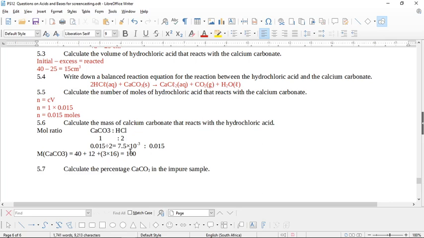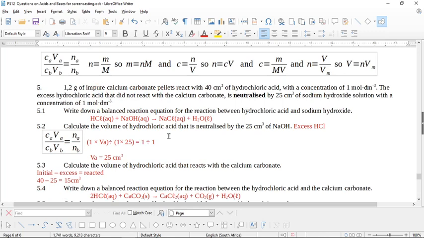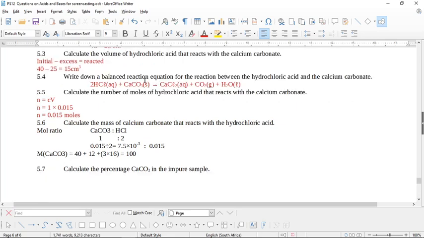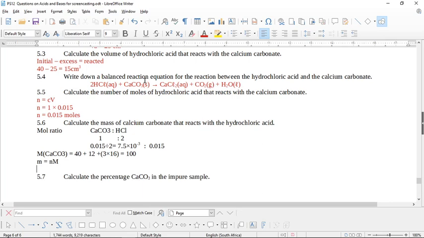So now we know the number of moles, we know the relative molecular mass. We're going to use n equals m over M, but we can rearrange it to m equals nM. If you can't rearrange it in your head, put the formula down properly, because too many people rearrange this wrong in their head and then they end up with the wrong answer, which is not a good thing.